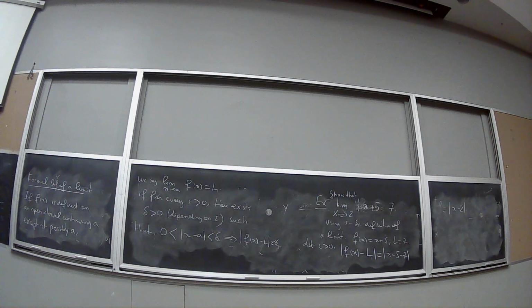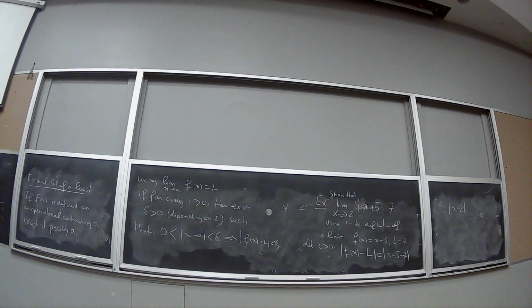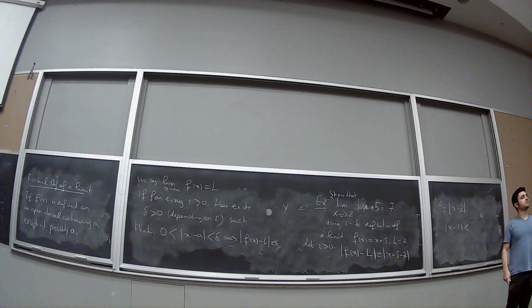If I want this difference to be strictly less than 1, how should you take x minus 2? x minus 2 should be less than what? 1, because this difference is equal to x minus 2. You agree? Yeah. If you want this difference to be less than epsilon, how should x minus 2 be? Less than epsilon. You agree or not? So what is your delta in that case? Epsilon, right?